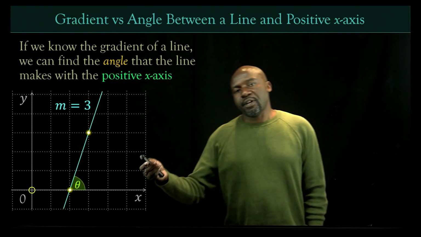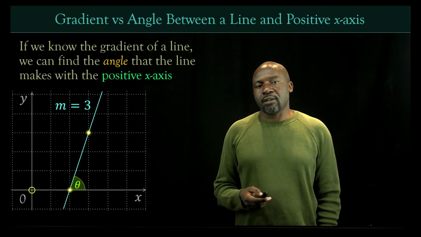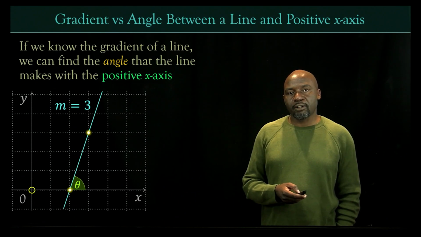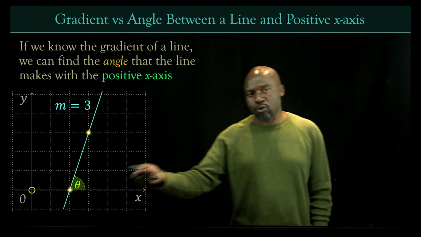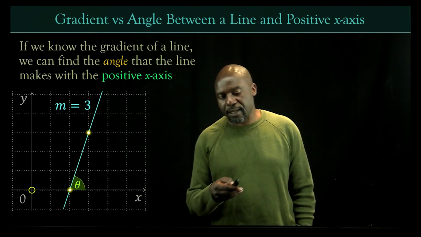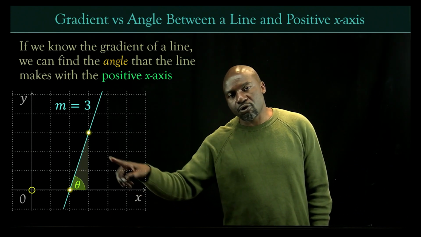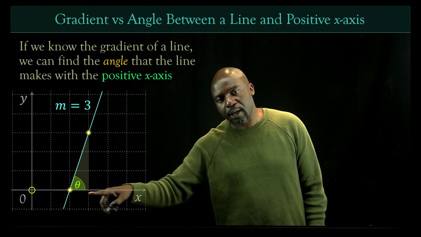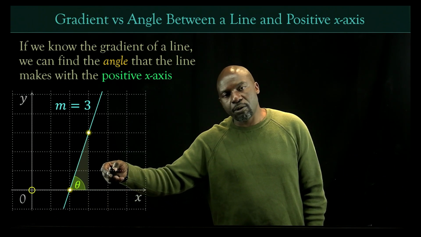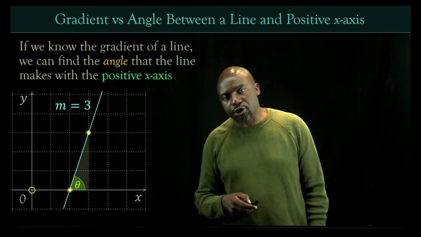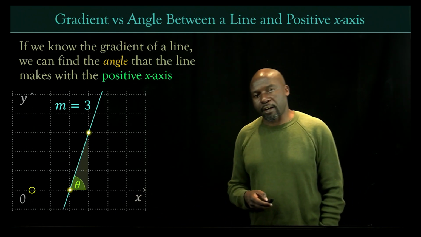By definition, the tangent of an angle, for a right angle triangle, is the opposite side to that angle divided by the adjacent side to that angle, like this. You can see the triangle I've just drawn here. Let me do that again. I'm shading that area of the triangle. That region that I've shaded forms a triangle.